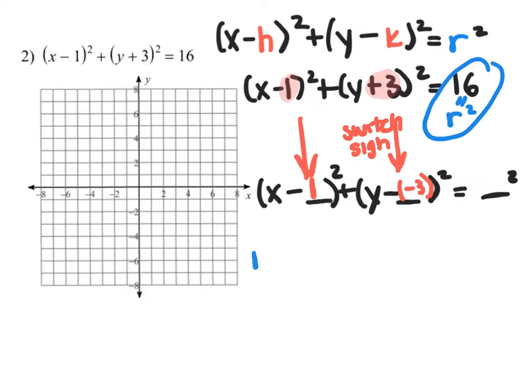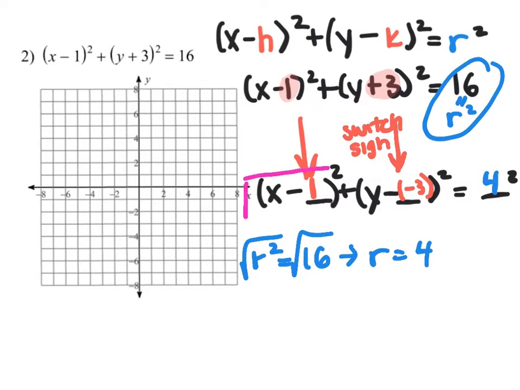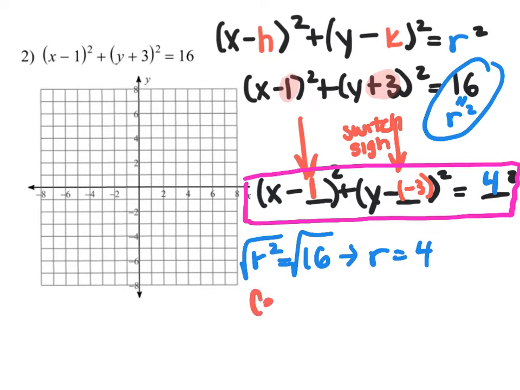And then lastly, this is equivalent to r squared. So r squared equals 16. If you take the square root of both sides, you get the radius is 4. So now using this as my equation, we know that the center is located at 1, negative 3.